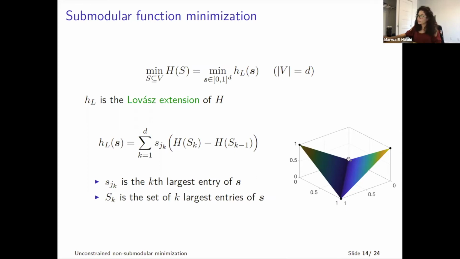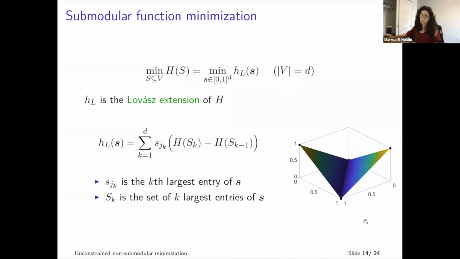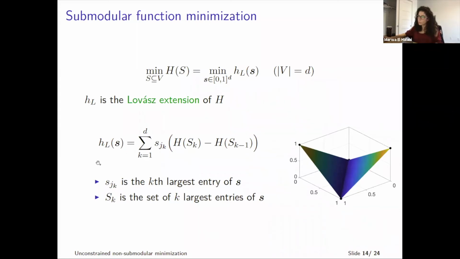So in this case, the black dot at (0, 0) is h of the empty set, the black dot at (1, 0) is h of element 1, and h of (1, 1) is h of the ground set, elements 1 and 2. What the Lovász extension is doing is simply interpolating between these discrete values.